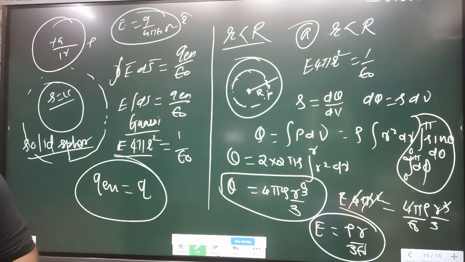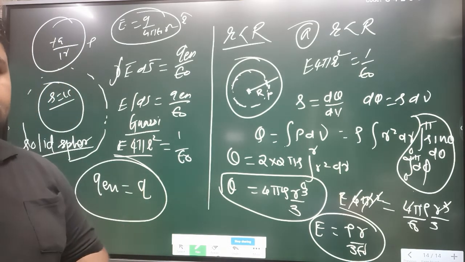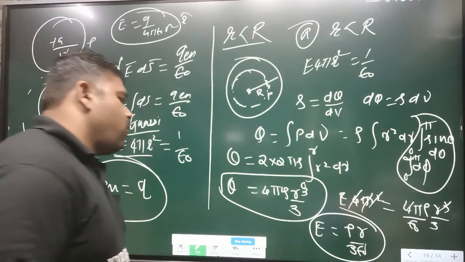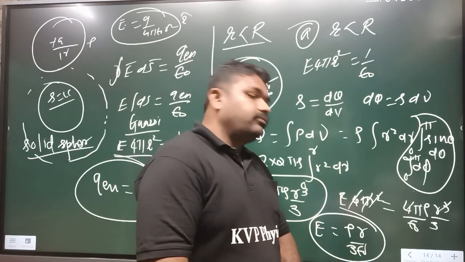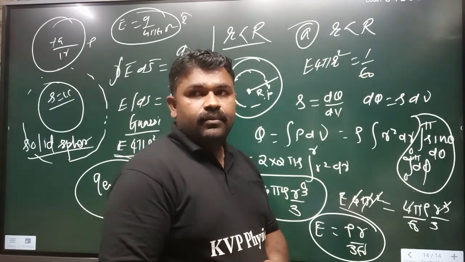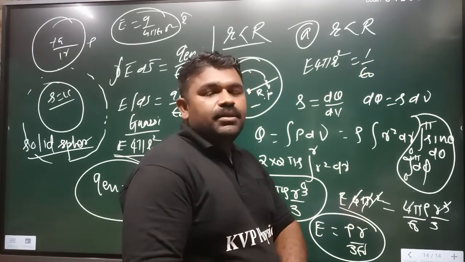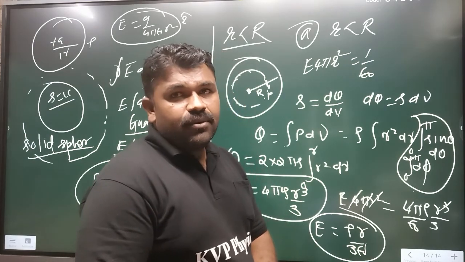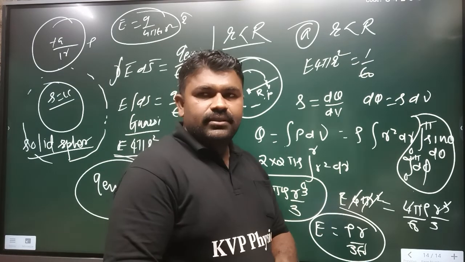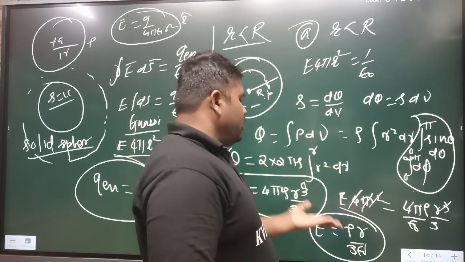Means here the electric field depends upon the Gaussian surface radius. Does it depend upon rho? It does not depend upon rho, because rho is constant. Any point on this body, rho is constant.